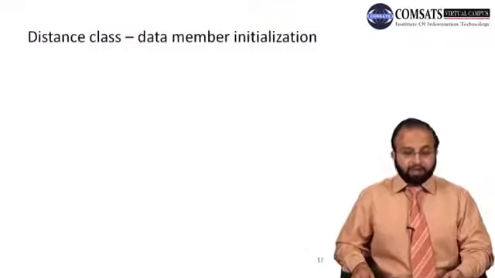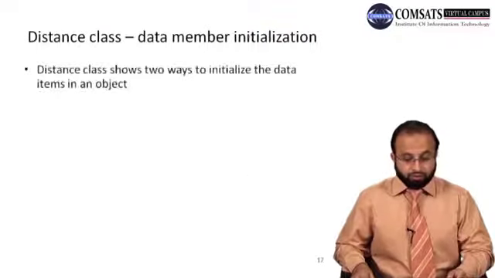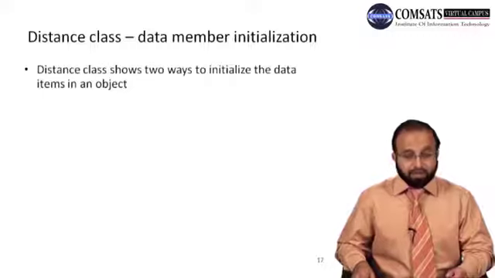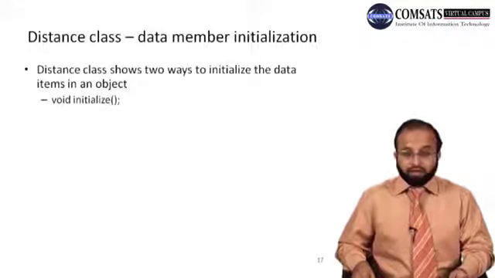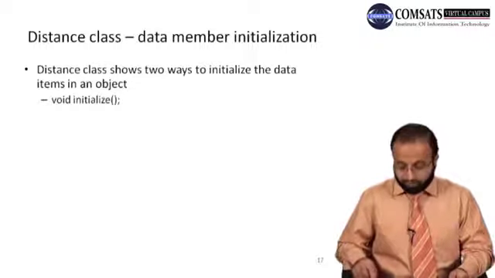Distance class data member initialization. So the distance class shows two ways to initialize the data member of an object. This is void initialize. Void initialize initializes the private data member of the class with value 0.